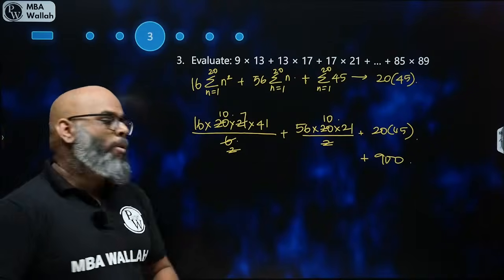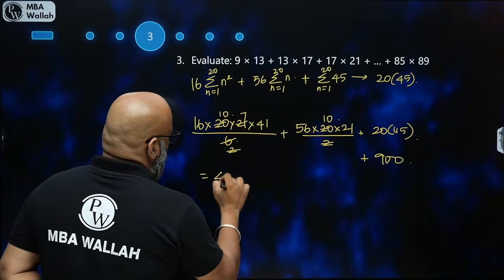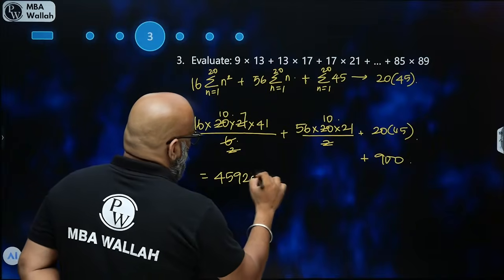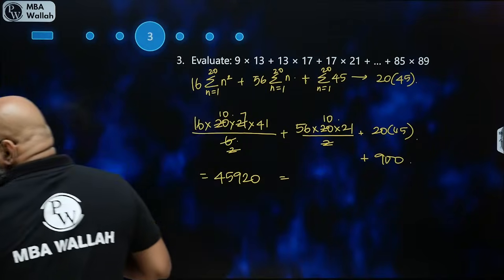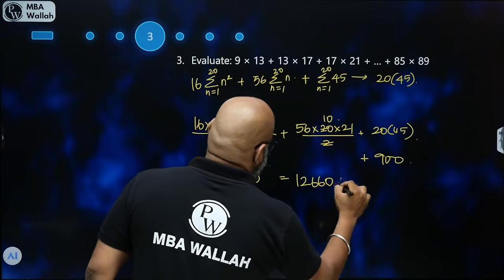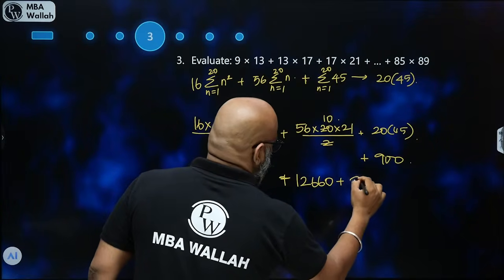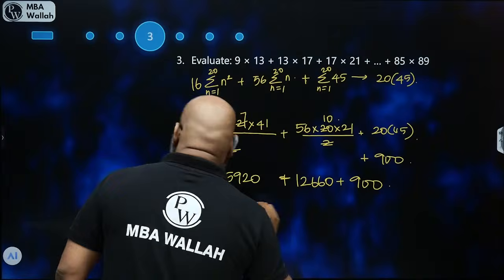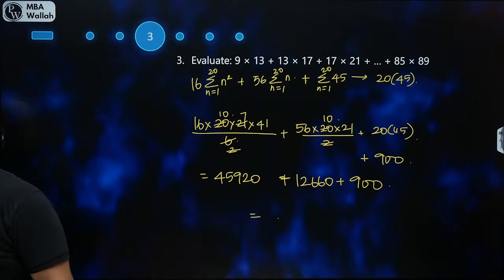Yes, 45920. This is, I got this as 12,660. And this will become 900. Can someone add these three? You're getting 58580.